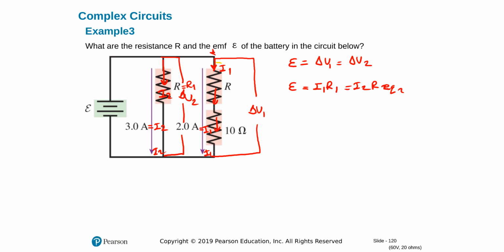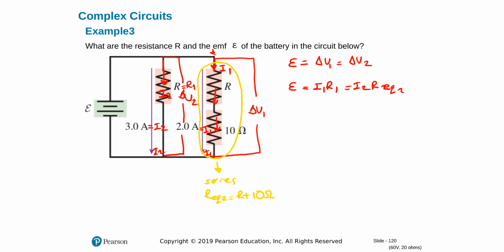I messed it up pretty much already, but this arm here is in series, so if I want to find R equivalent, it will be R plus 10 ohms.